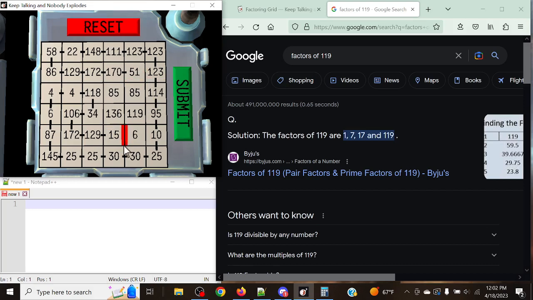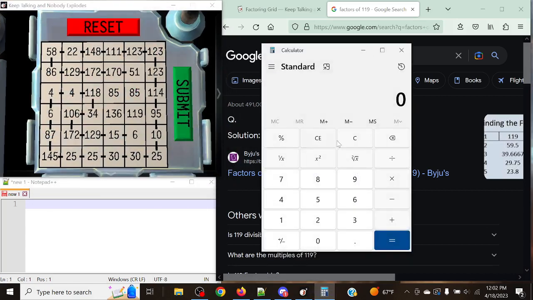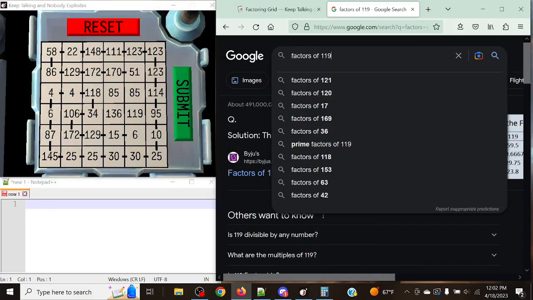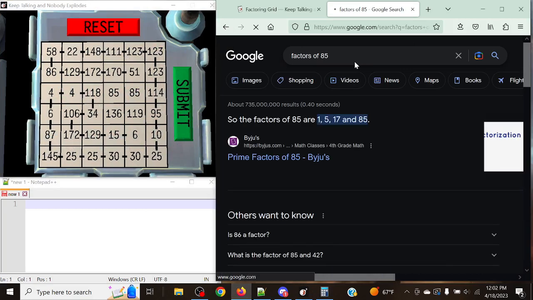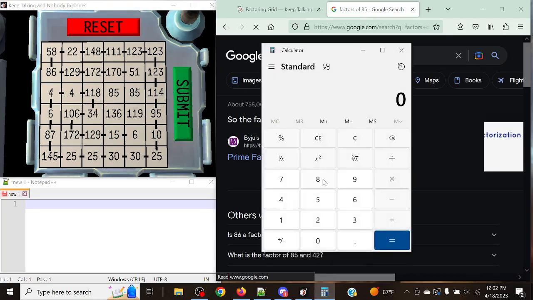The 15 and the 6, I think, would work together. But we need to make sure that we're careful and we check. Look, factors of 85 shouldn't be that many, but let's make sure that we can divide. 51 divided by 17 should work. Yes.